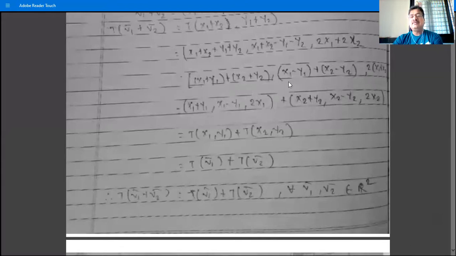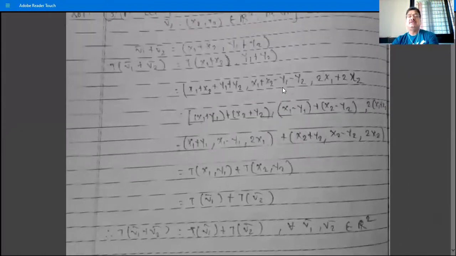That is, we write this as the addition of (x1 + x2, x1 - y1, 2x1) and (x2 + y2, x2 - y2, 2x2). That is, the addition of these two is again this. So we reversely use the definition of addition in R3.